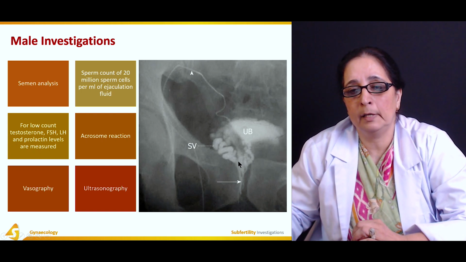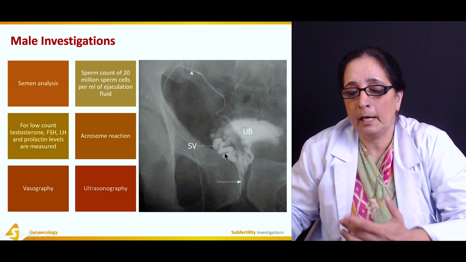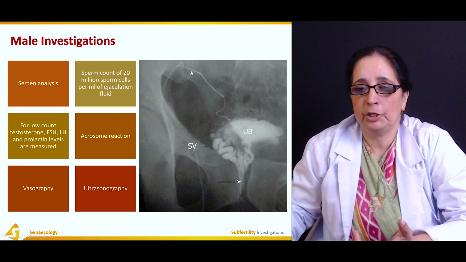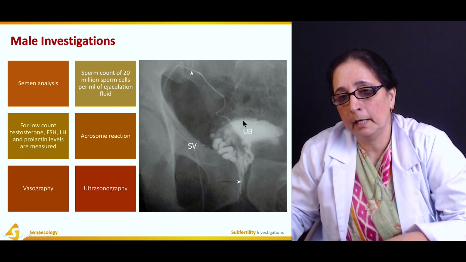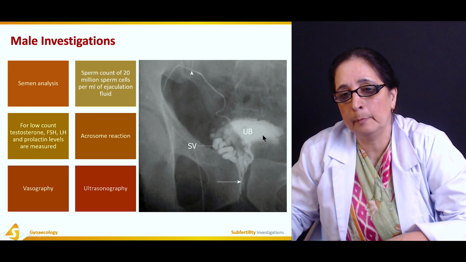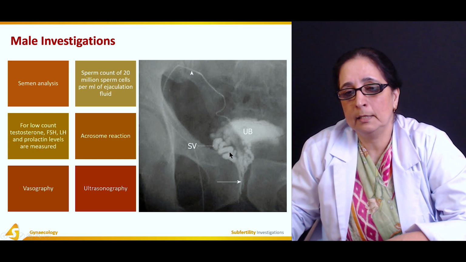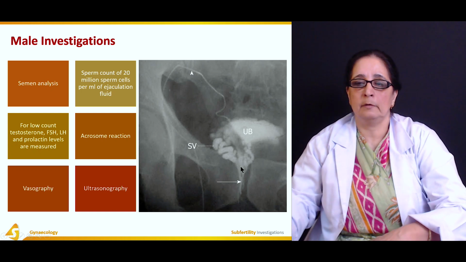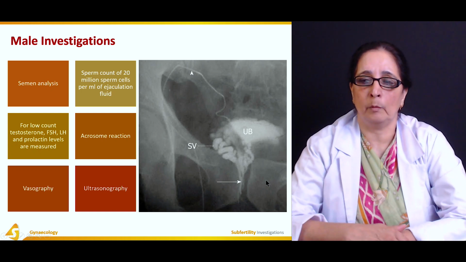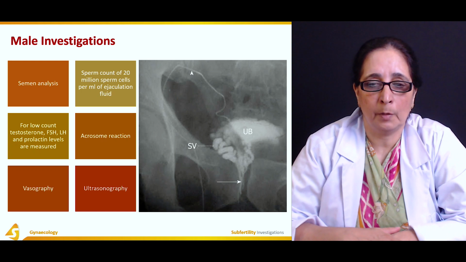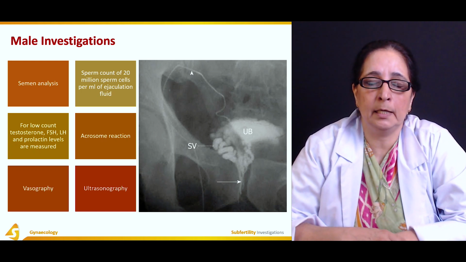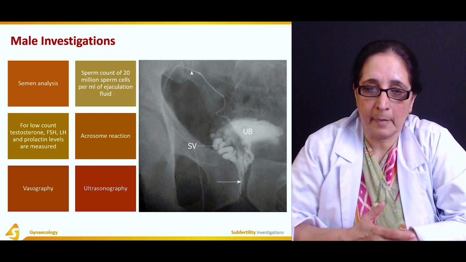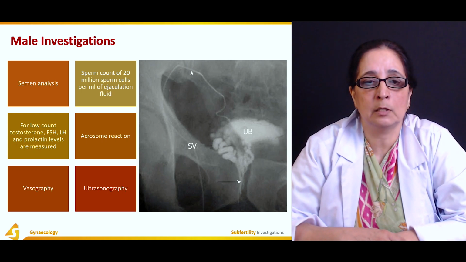If not, it tells if there is any obstruction in the ducts or vessels. Here on the side you have the urinary bladder. So dye is injected and all these vessels are observed if the dye is flowing normally or if there is any obstruction. Ultrasound is done to find any growths, any masses. That's an important test also.